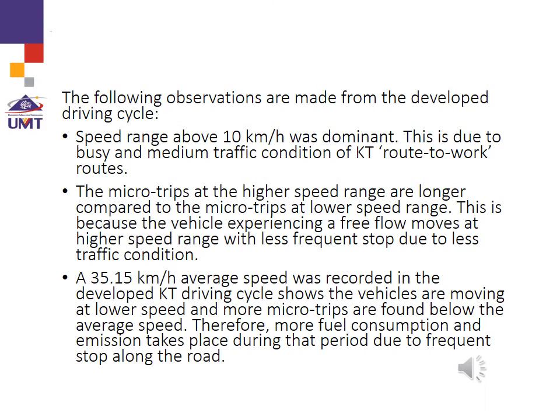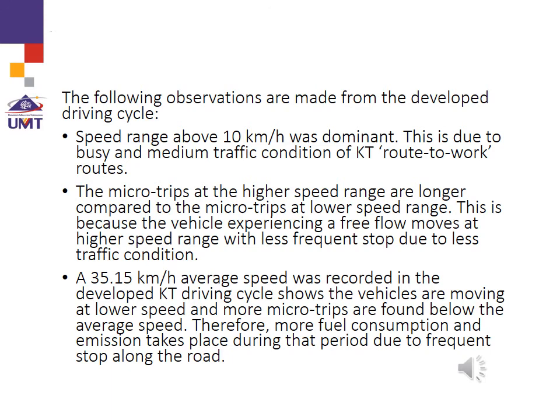The following observations are made from the developed driving cycle. First of all, speed range above 10 km per hour was dominant. This is due to the busy and medium traffic condition of the Kuala Terengganu road to work route. The microtrips at the higher speed range are longer compared to the microtrips at lower speed range. This is because the vehicle experiences a free flow mode at higher speed range with less frequent stops due to less traffic.